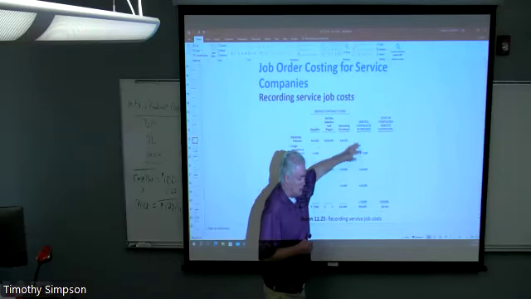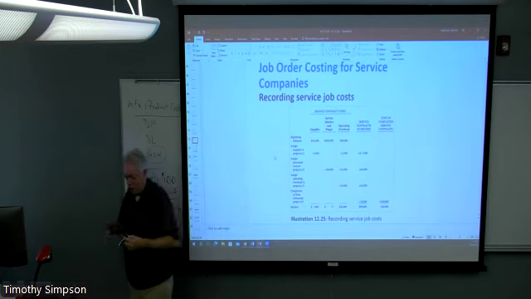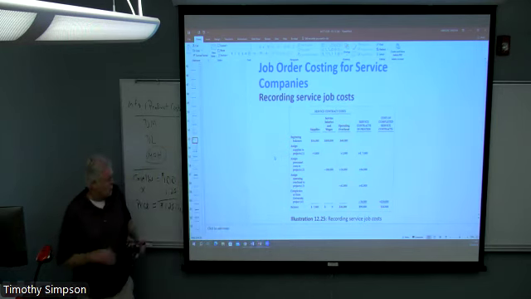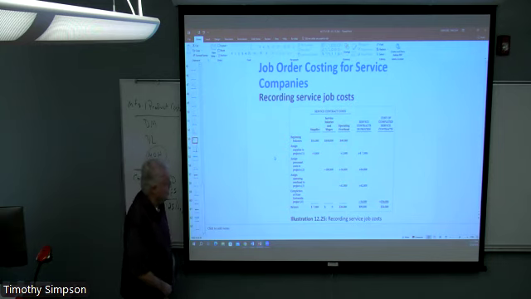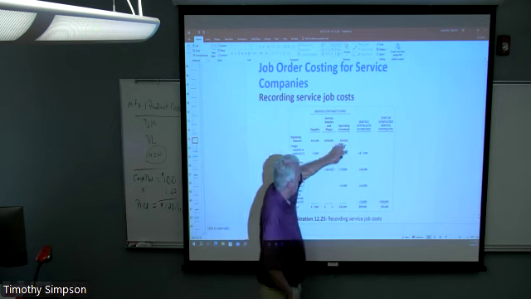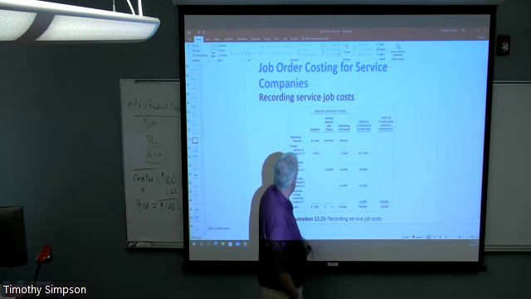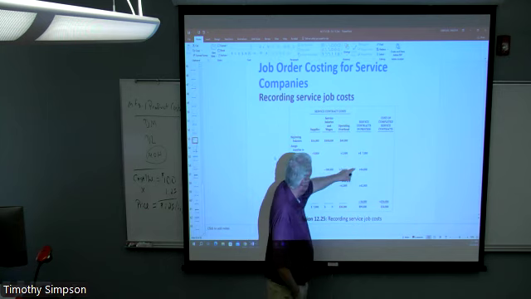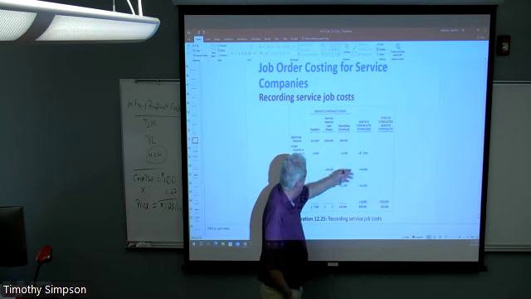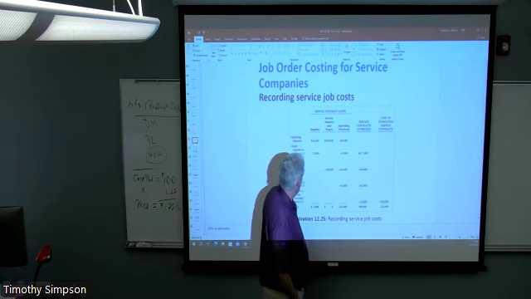Even in some service sector concepts, the term work in process is often used. I know that we used it in an accounting context when I was in an accounting firm. Nonetheless, it's the same thing, but just be aware of that. Then 2,000 of that goes to overhead because it was indirect. We have wages of 100,000, 84,000 of which were direct and go into work in process or service contracts in process. 16,000 were indirect.